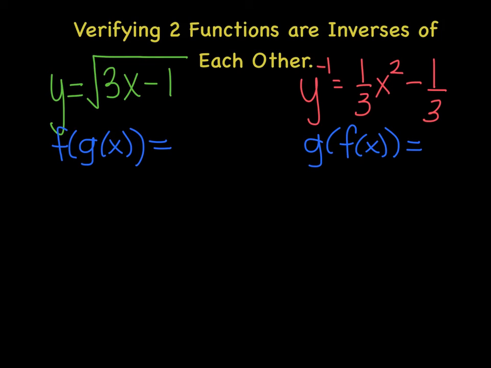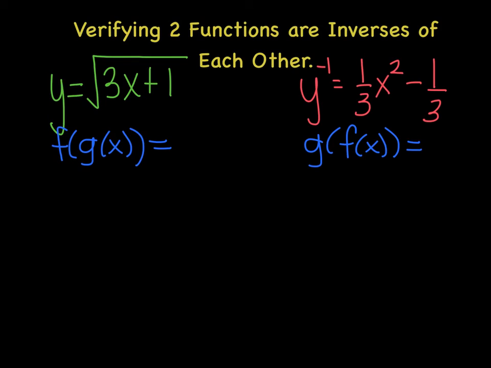So the first thing we're going to do is put g of x into f of x. So we're going to take g of x and put it into f of x. And I always substitute into the x. I did copy it from the first page wrong, so I'm going to make sure I fix that before I do this.